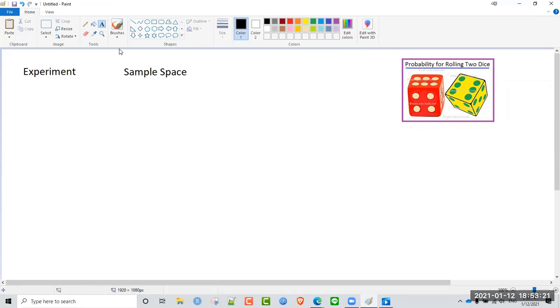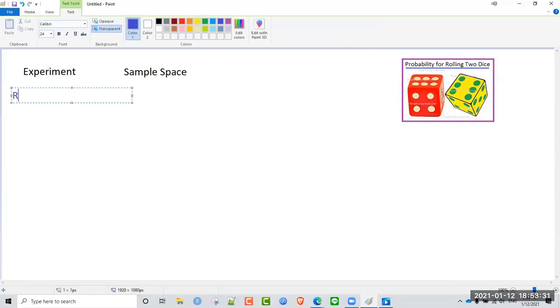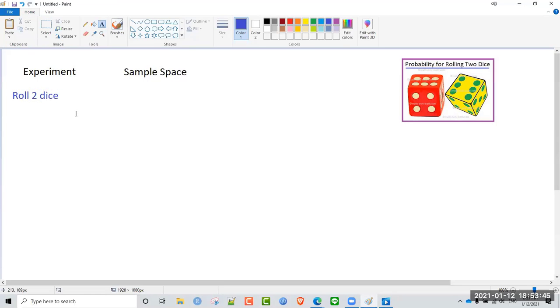So the experiment here is to roll 2 dice. That's different than we did before, toss 2 coins. We rolled 1 die, but not 2. And now we're going to talk about rolling 2 dice.